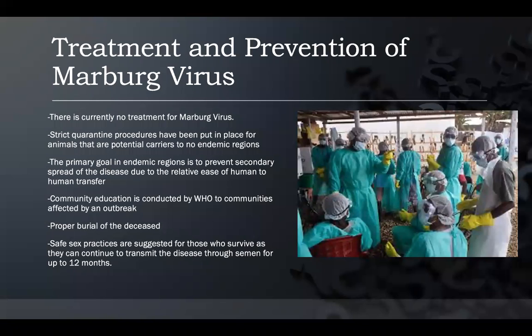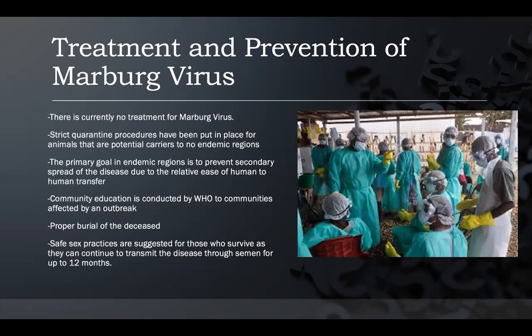As far as treatment and prevention of the Marburg virus, there really is no current treatment for Marburg virus. As soon as somebody is diagnosed with it, they do supportive care, rehydration with oral and intravenous fluids, and treatment for the specific symptoms that they're dealing with. But there is no current vaccine or efficacious treatment available for Marburg virus. Most of what is done, and the WHO's typical response to this, is to prevent further spread and secondary cases.